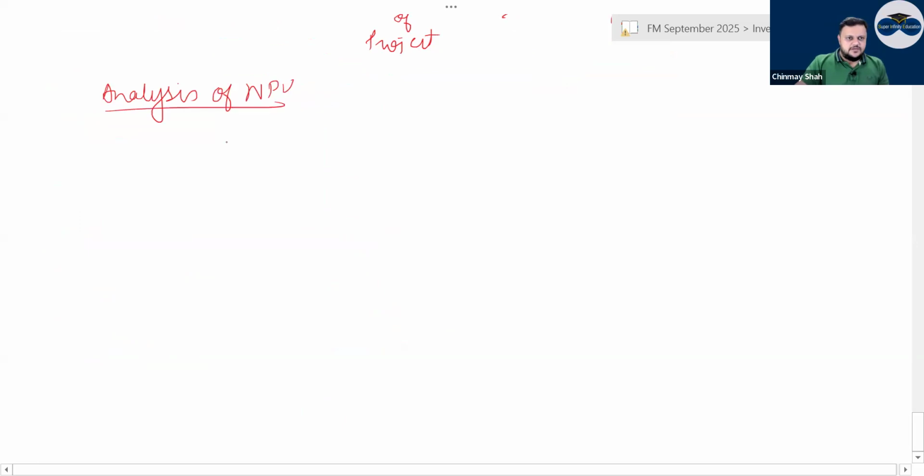0, 1, 2, 3, 4, and 5. Net cash flow. Example: negative 100, 30, 40, 30, 40, 50. Discounting. NPV.